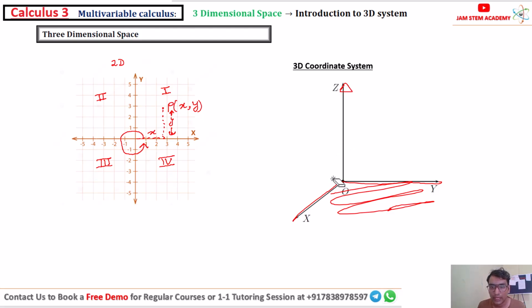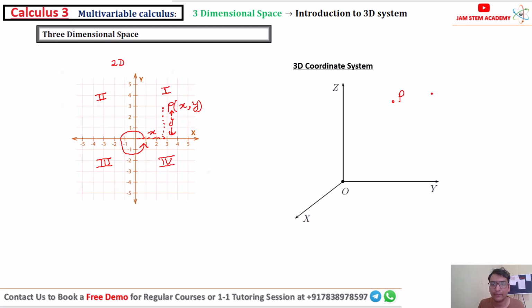Okay, so height is there, which requires another coordinate, right? So we need a new axis, which is z-axis over here. So in this way, we have a point having its coordinates. Then what will be the coordinate? You will be having its x coordinate, y coordinate, and z coordinate, right?